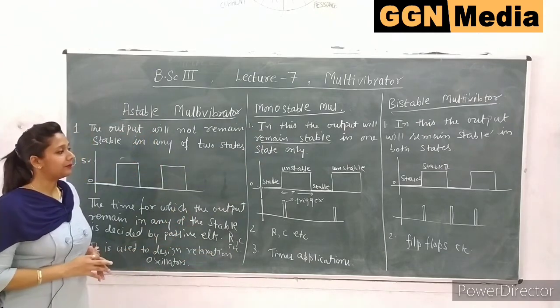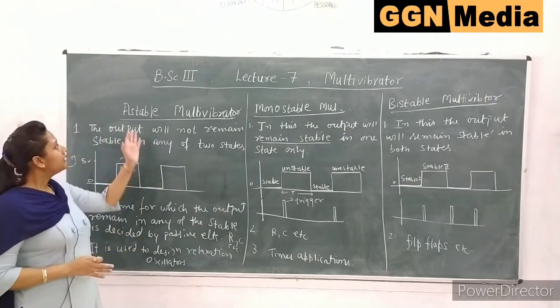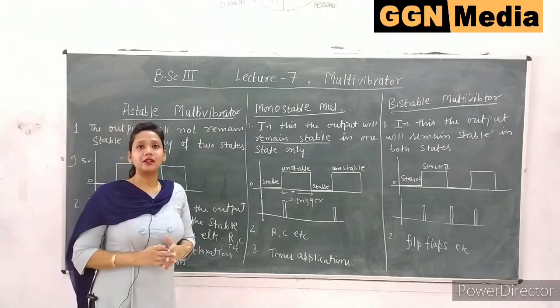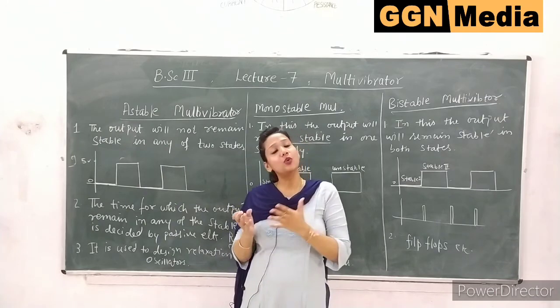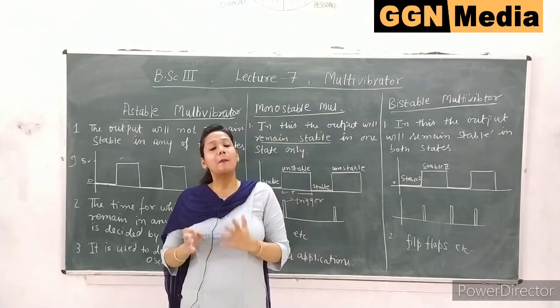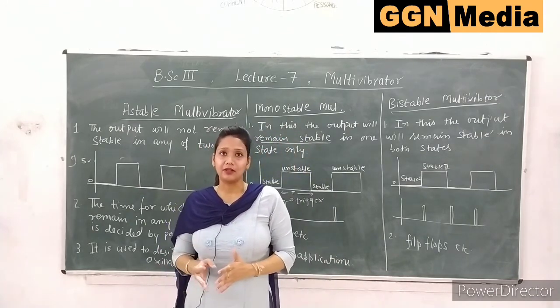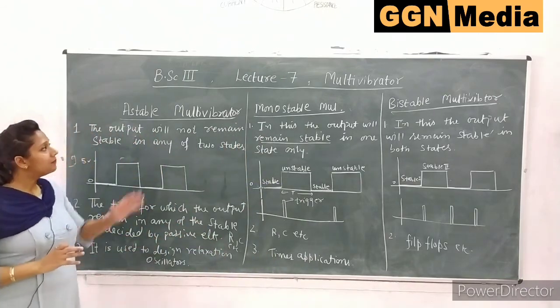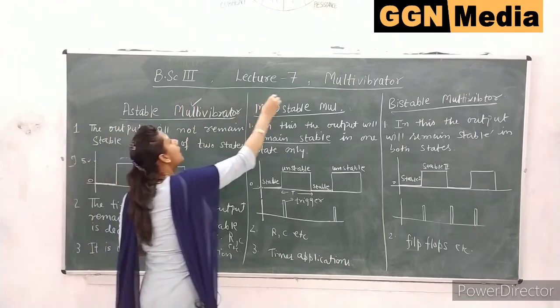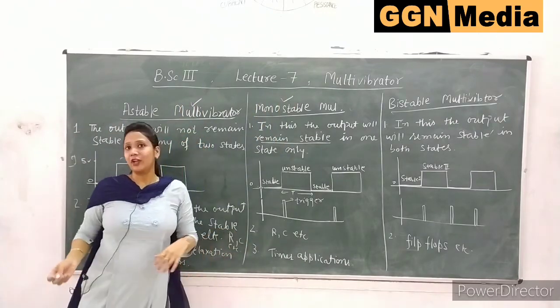Very important question. Now we can design these multivibrators by using operational amplifiers, by using transistors, or by using 555 timers. But in our syllabus we will design these two multivibrators by using 555 timer.